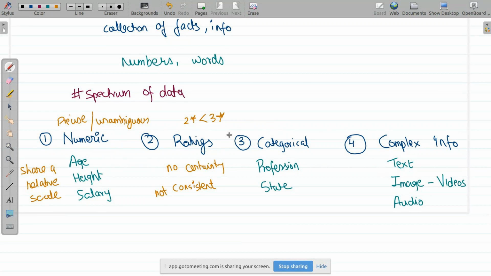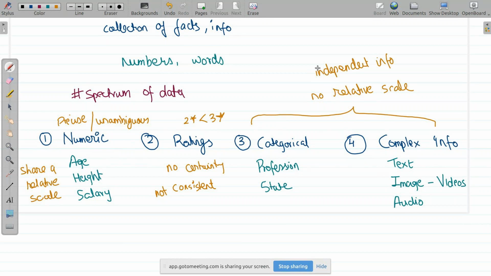Technically there is no relative scale over here on the basis of which you can compare anything. Pretty much everything acts as independent information. Somebody is a doctor, somebody is an engineer, it's just an independent piece of information. There is no scope of comparing anything.